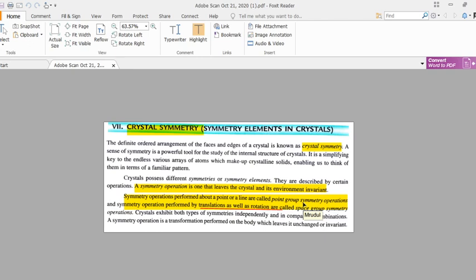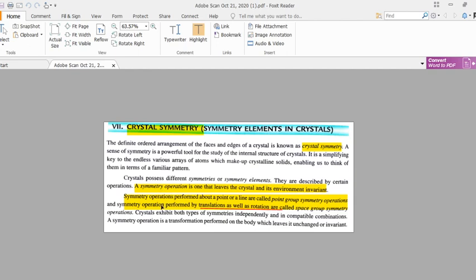Therefore we can say that if a cubic crystal is rotated by 90 degrees about a particular axis, then the crystal and its environment are unchanged, or remain invariant, and such situations are referred to as symmetry operations.